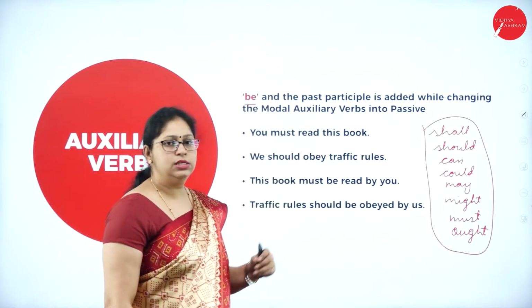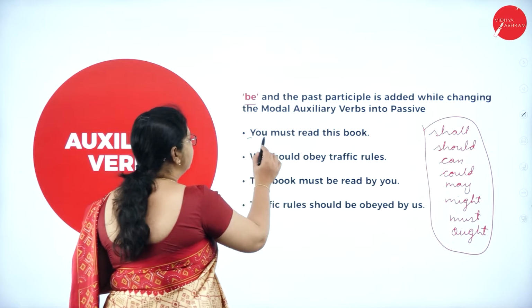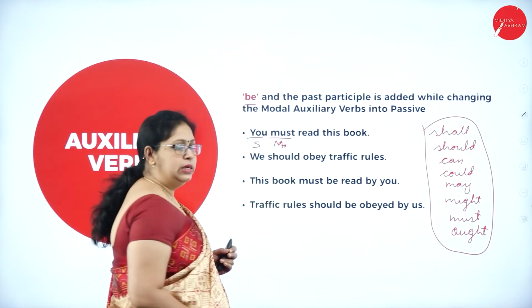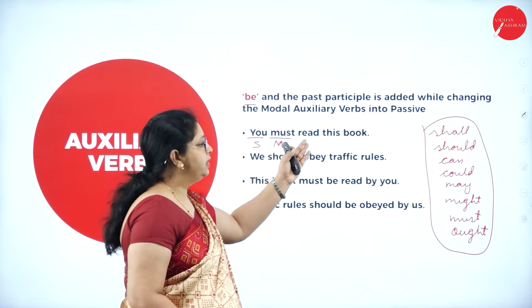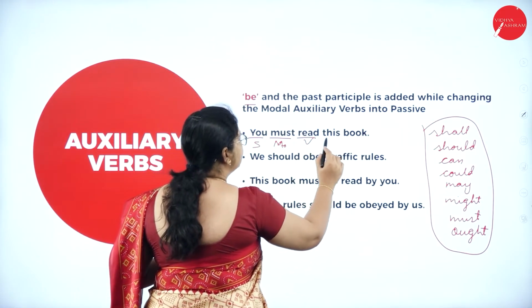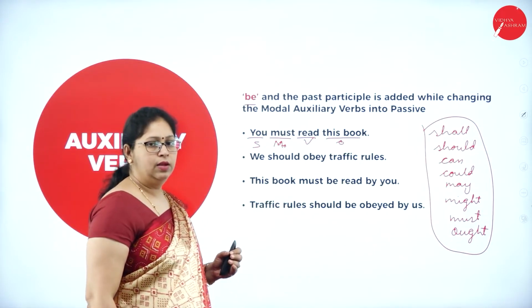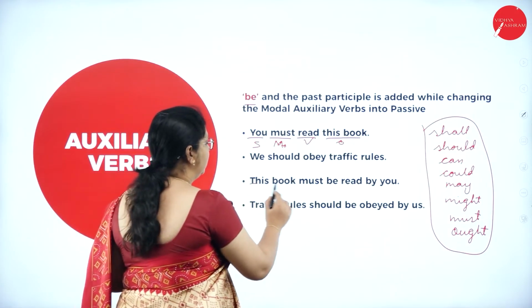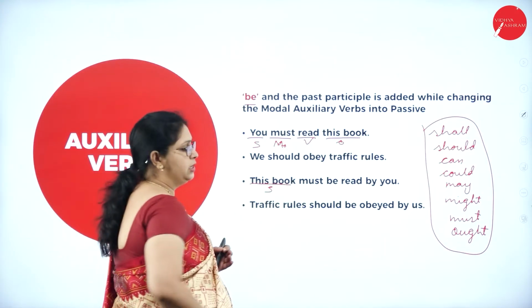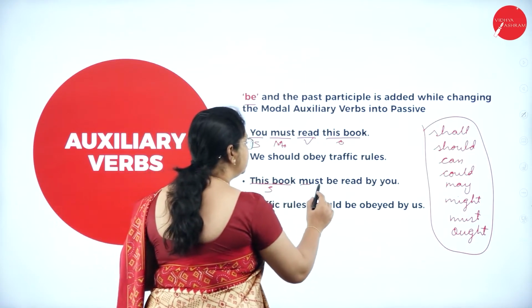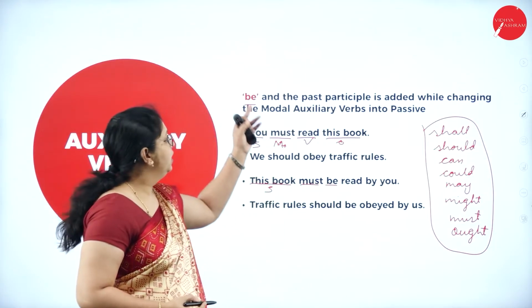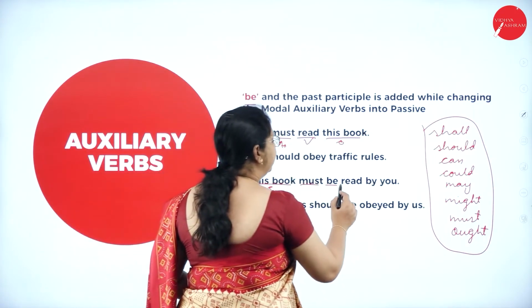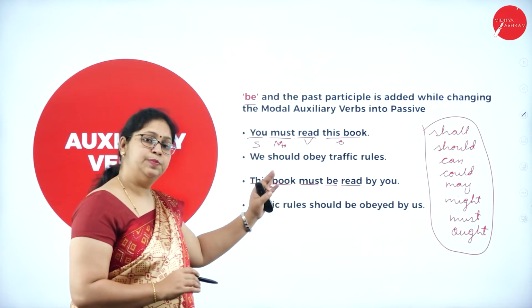You must read this book. You is the subject, must is the modal, correct? Then read is the verb, this book is the object. If we change that, what will happen? This book, see, the object becomes the subject here. This book must be. What is added? Be form is added. Must be read. This is not present tense read; here it is past tense.